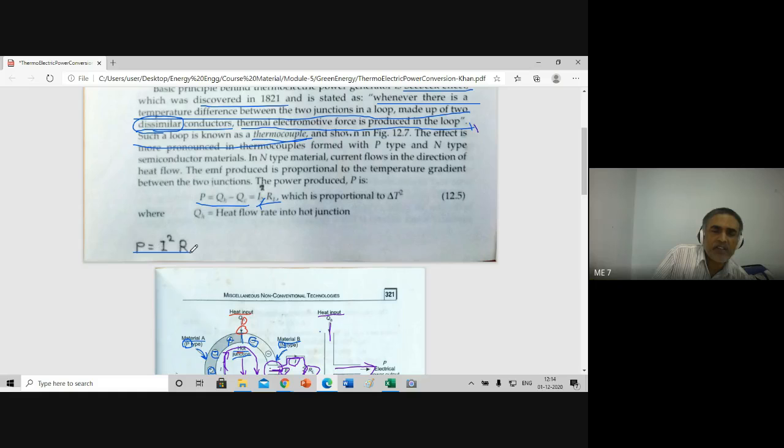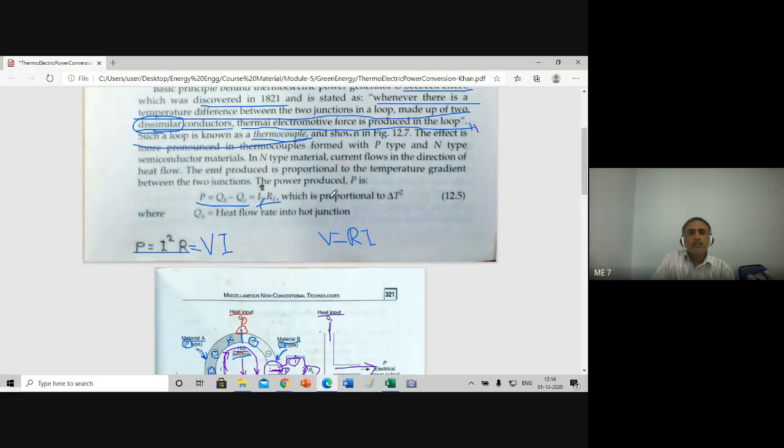This is the correct equation: P is equal to I square into R, and also equal to V into I. And V is equal to R into I. This is Ohm's law. This we know.